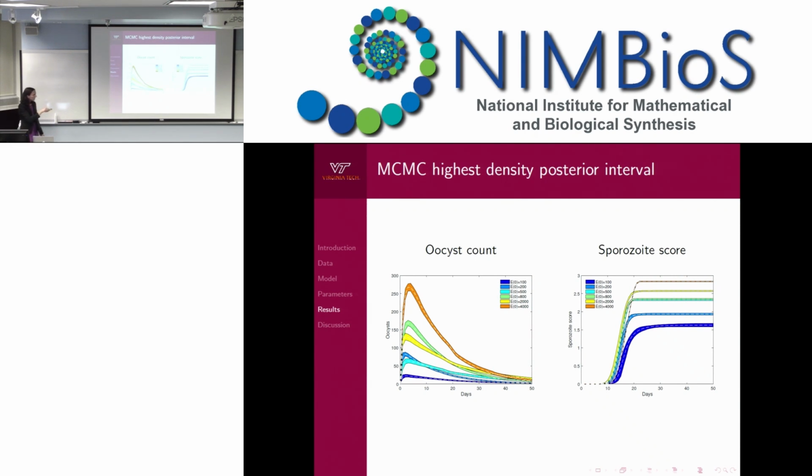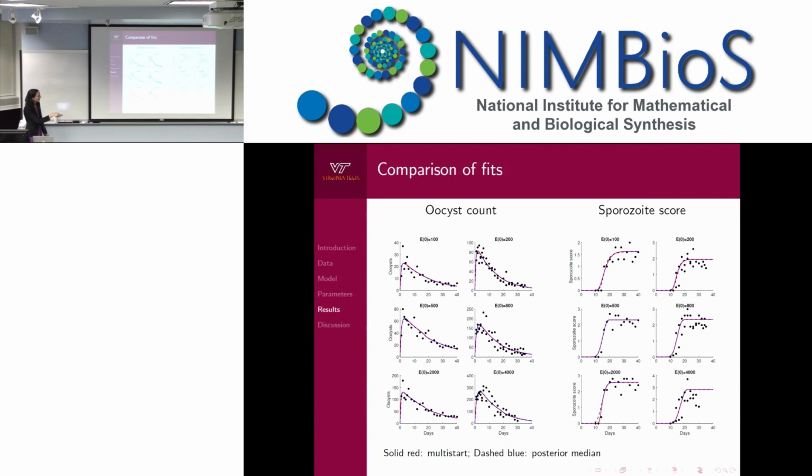The other thing that you may notice is a slight kink in these curves. They're not just exponential decay. What's happening there is the time at which the oocysts are bursting to produce sporozoites, and they're shifting that curve ever so slightly.